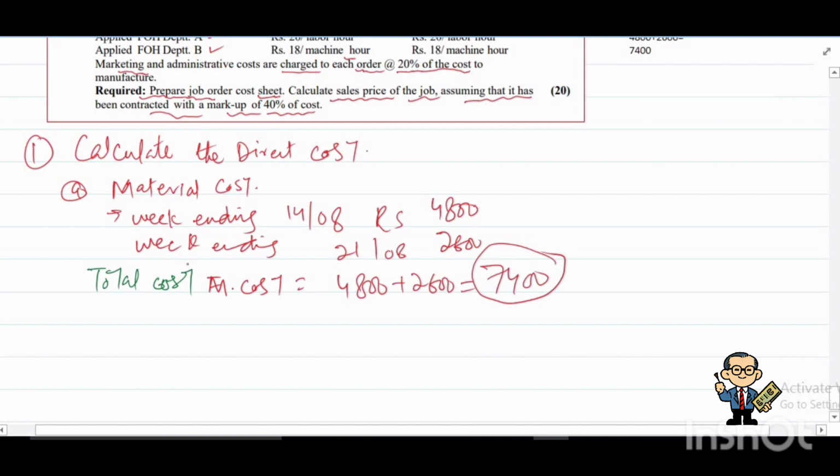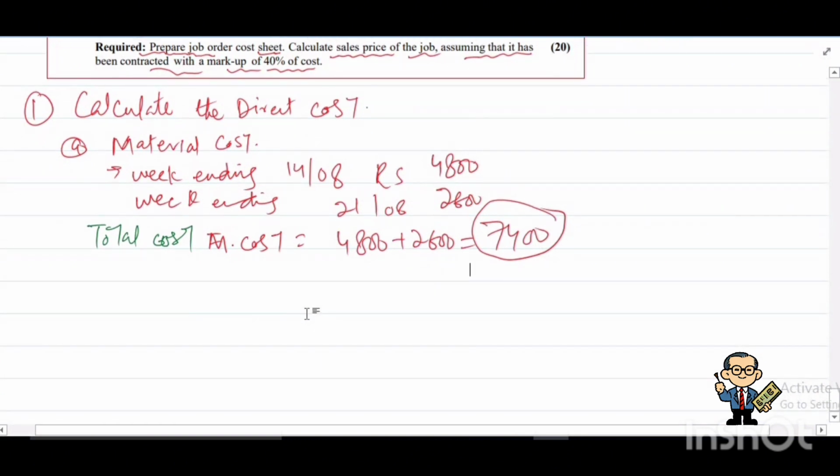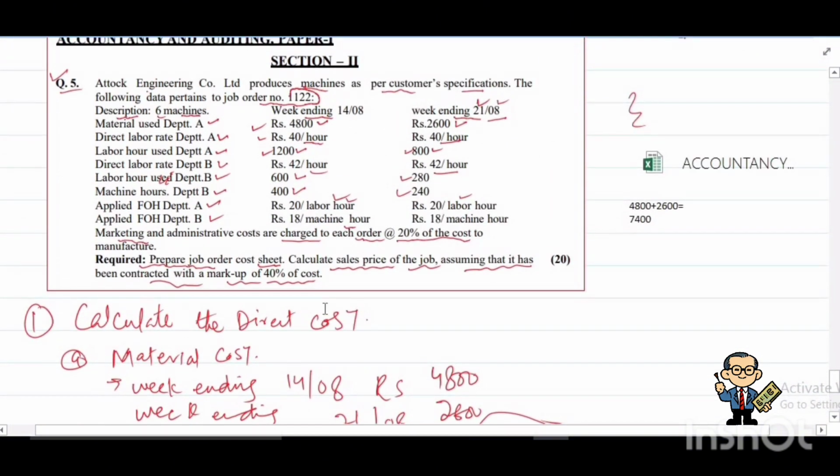Okay, now let's move on to another direct cost, which is the direct labor cost. First we have department A. Let me mark this with yellow.